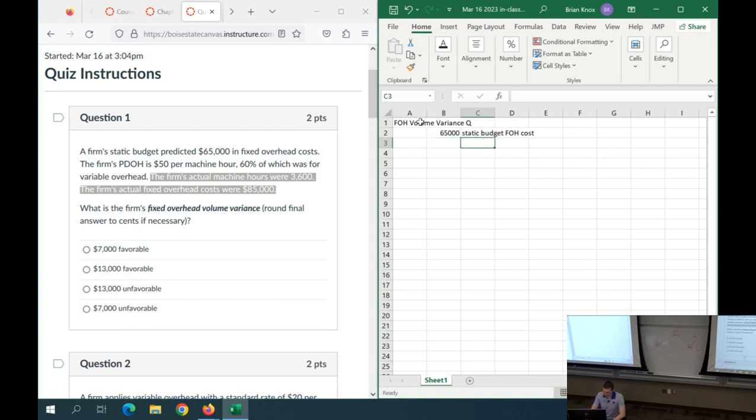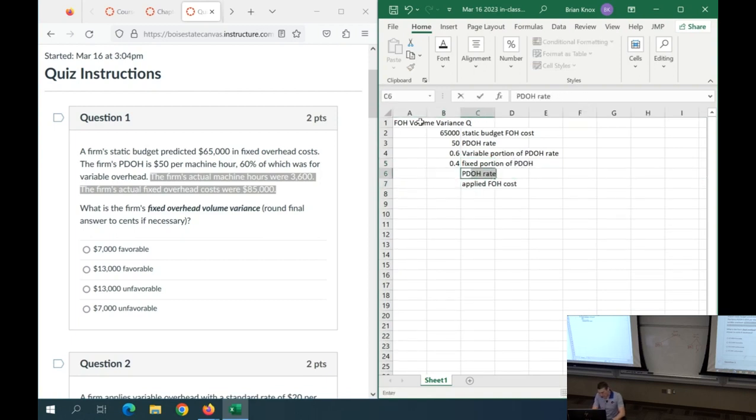And we need to figure out how much fixed overhead cost we applied. I'm going to copy over. We have $50 as our PDOH rate. And 0.6 is the variable portion of the PDOH rate, which means that 1 minus 0.6, or 0.4, 40%, is the fixed portion of PDOH.